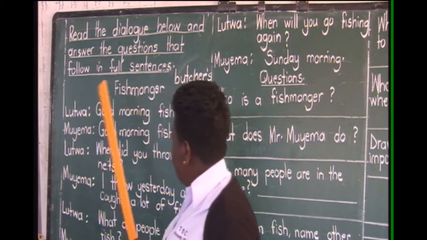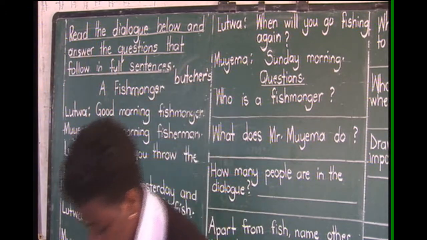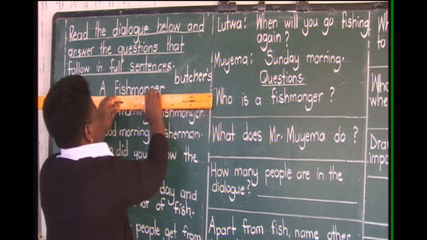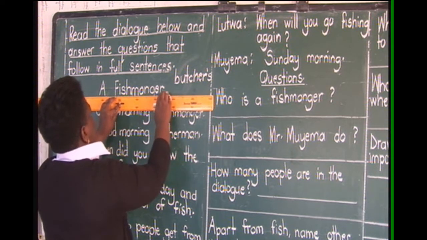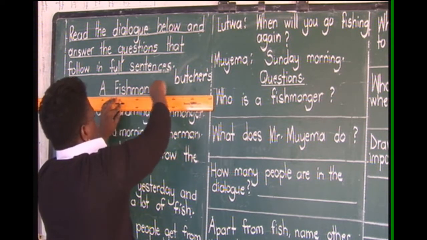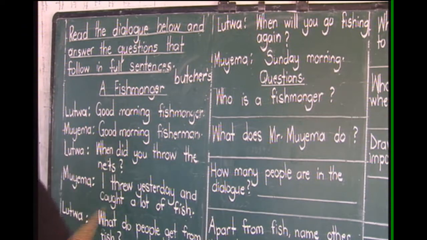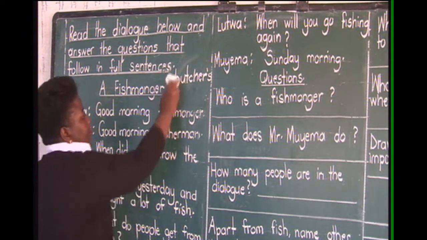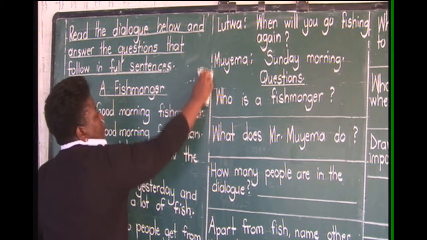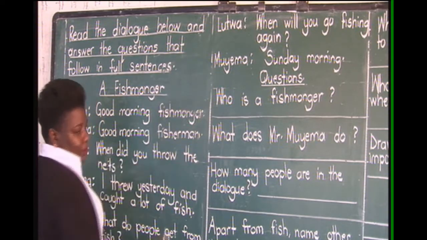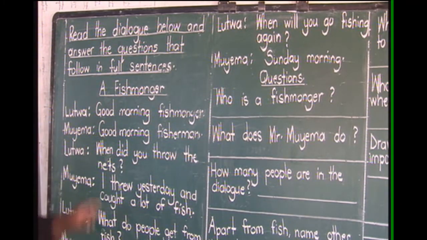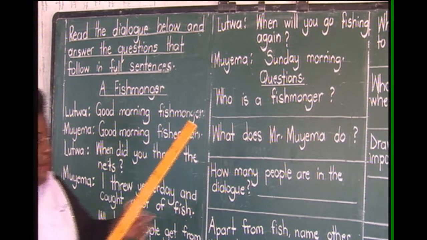Now I have, oh, here is my title. Let me underline that title here. That is my title. So I have a friend with me here.